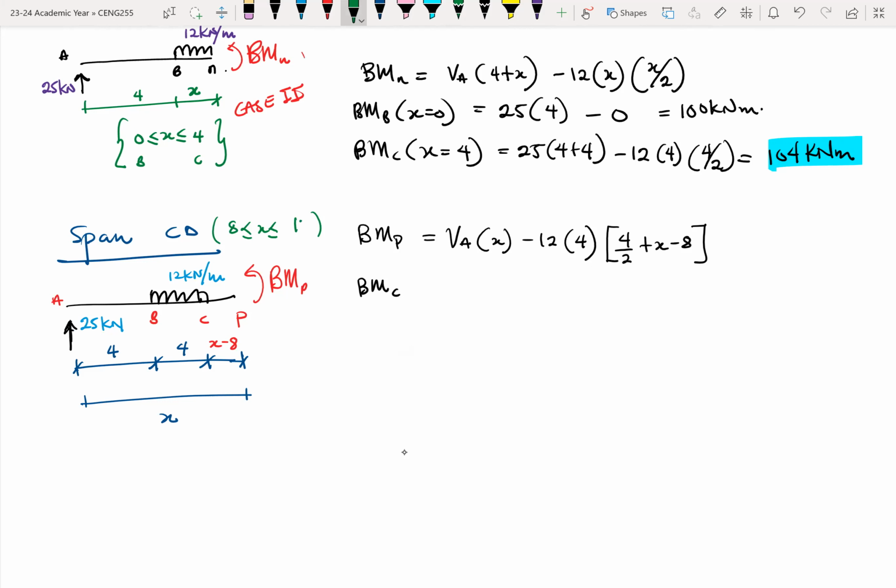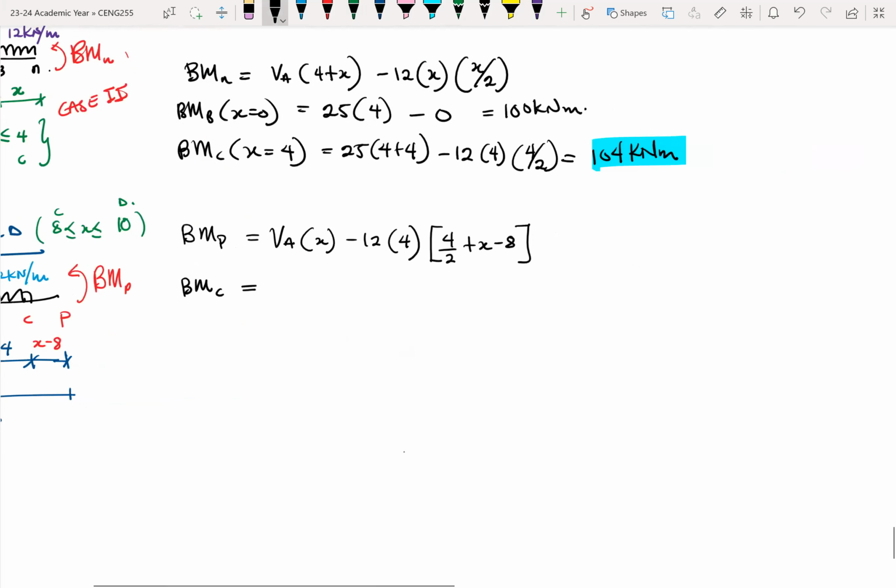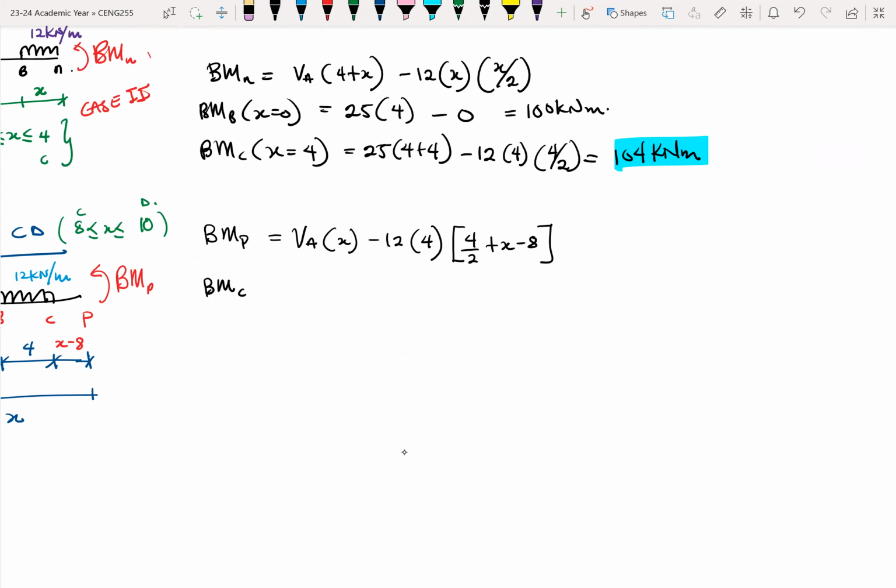So bending moment at C, when x is equal to 8, will be equal to 25 times 8 minus 12 times 4 times 4 over 2 plus 8 minus 8.